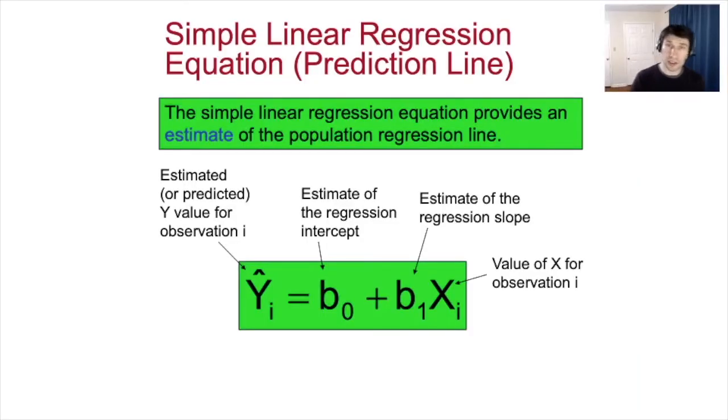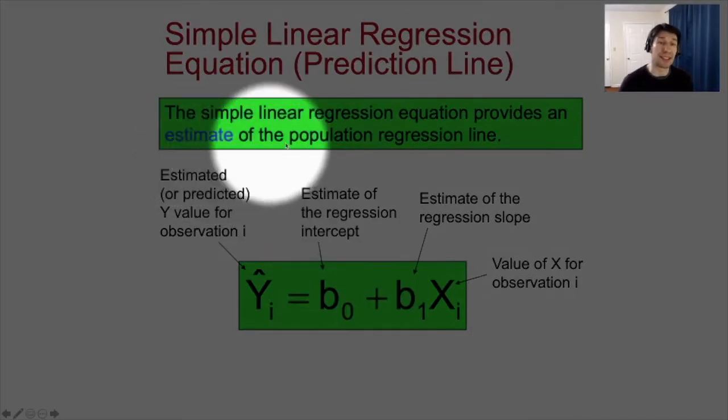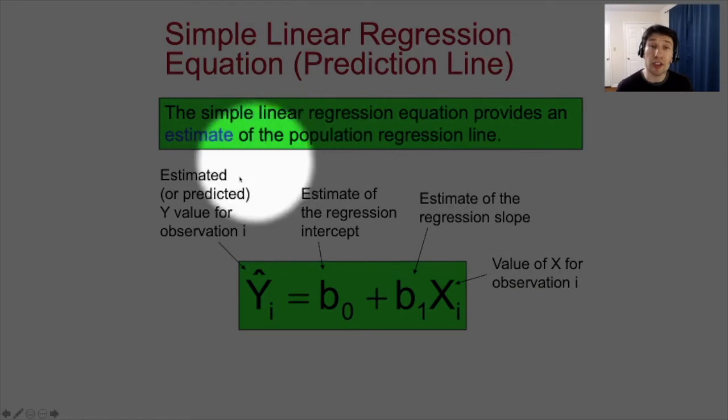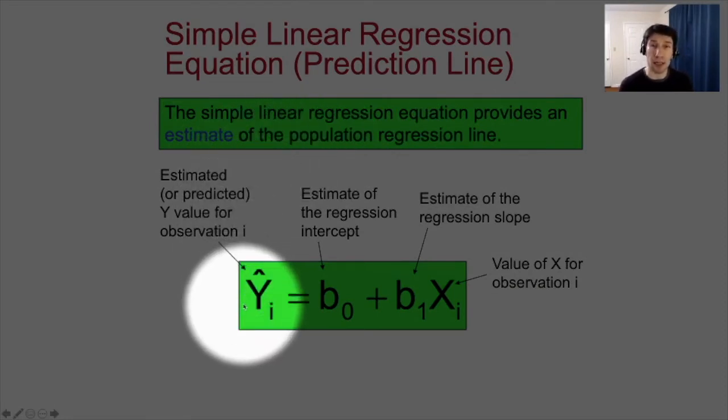So the previous equation was our regression model. Now, the equation on this slide is our prediction line. That equation provides an estimate for the population regression line. And you notice we'll give them all different names to show that these are predicted values rather than population values.